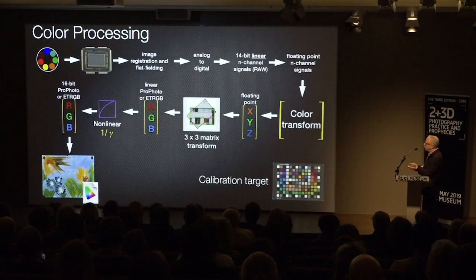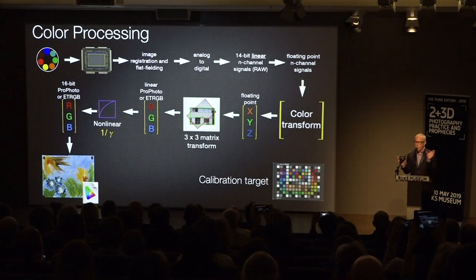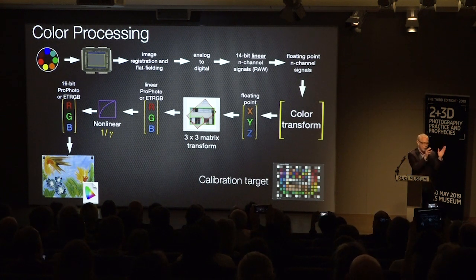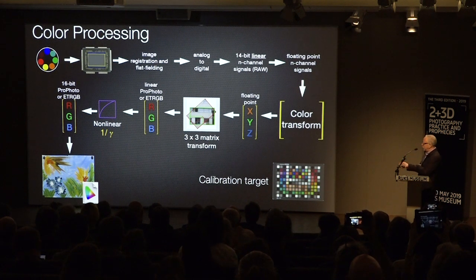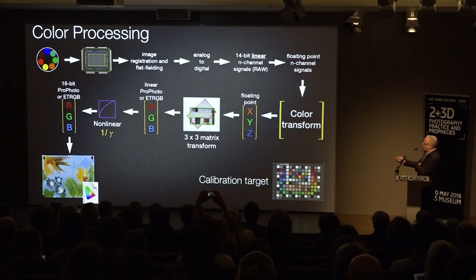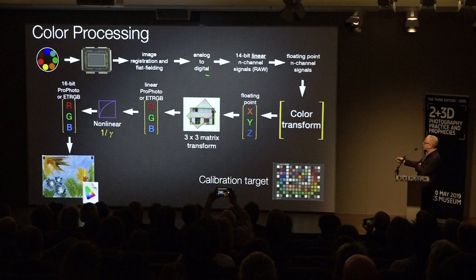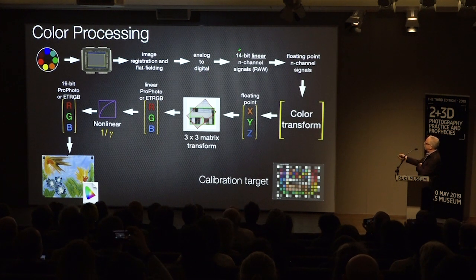Okay, so in our research flow, we have 2 different workflows. One's color processing, the other is spectral processing. So this is kind of the usual stuff: image registration, flat fielding, moving the thing from the analog world to the digital world, linear raw signals. I then input to do my floating point calculations.